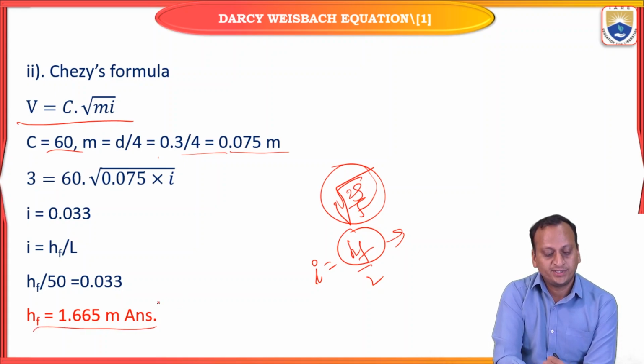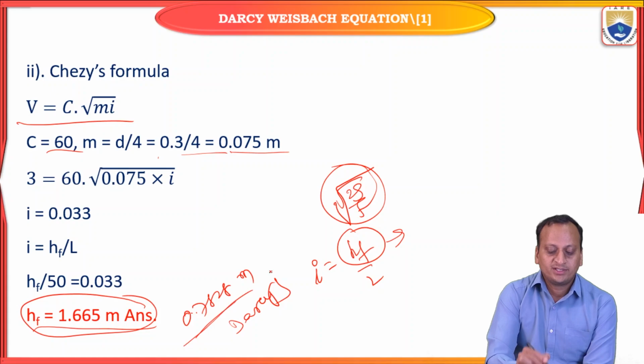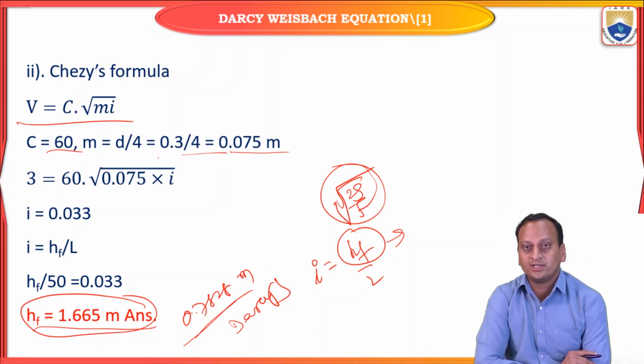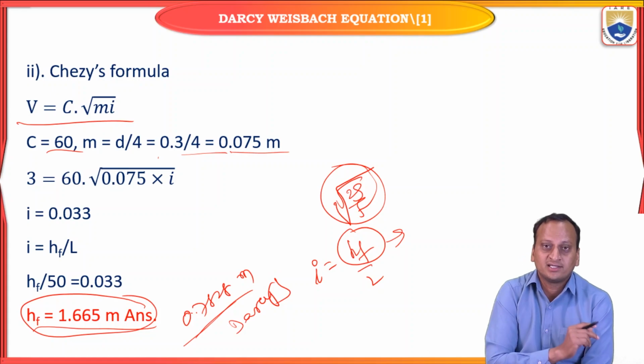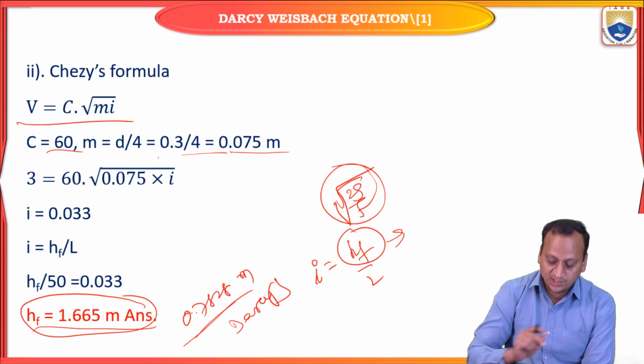So the loss of head due to friction using Chezy's is 1.665, and 0.7828 is through Darcy's. By using these two equations, we can calculate the loss of head due to friction. We have to measure the major energy loss, how much is lost, and in terms of these equations we can measure it like this.